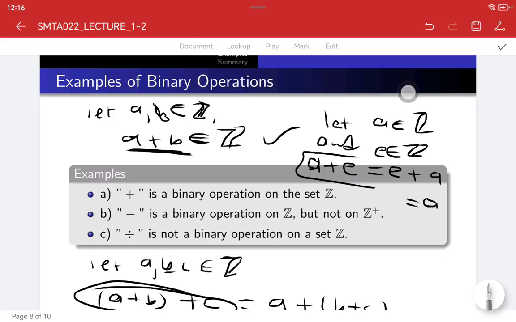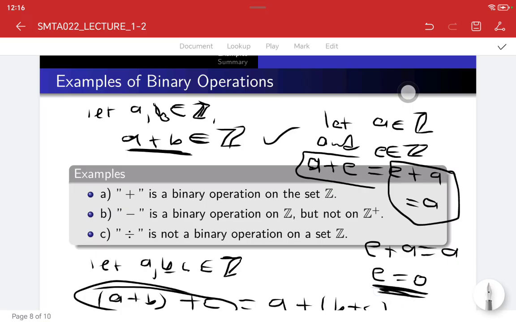How do I solve for E? I can even take this part only: E plus A is equal to A. Then I take A to the other side, meaning that E will be equal to 0. I ask myself, is 0 found in Z? Yes. If I take any number plus 0, it will give me that number. It means that this is the identity. I found the identity, therefore the identity exists here.